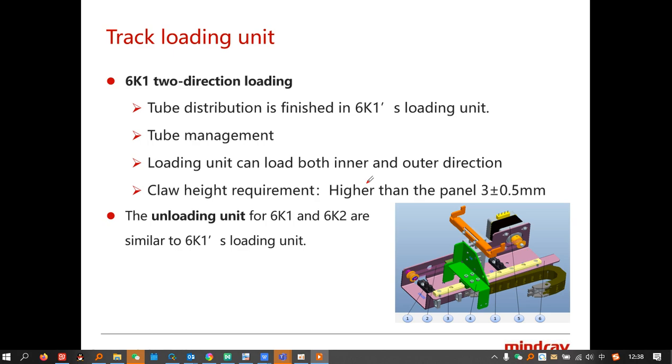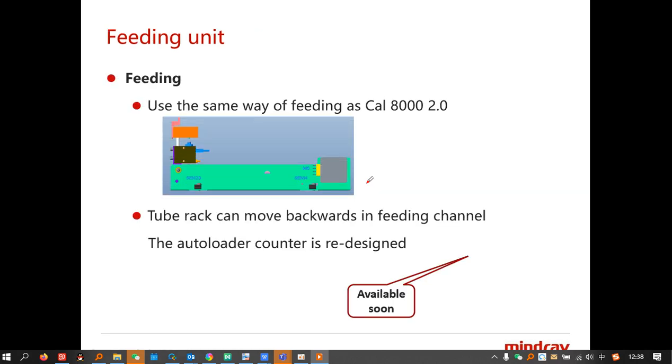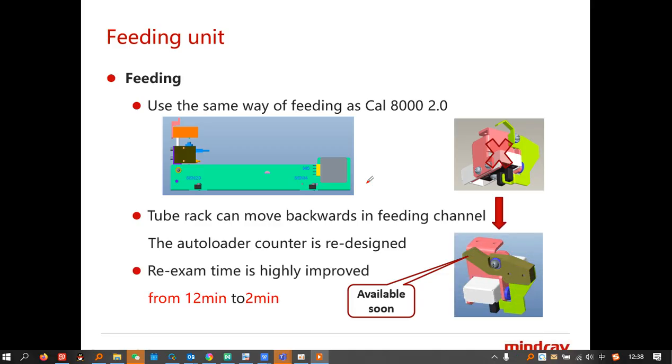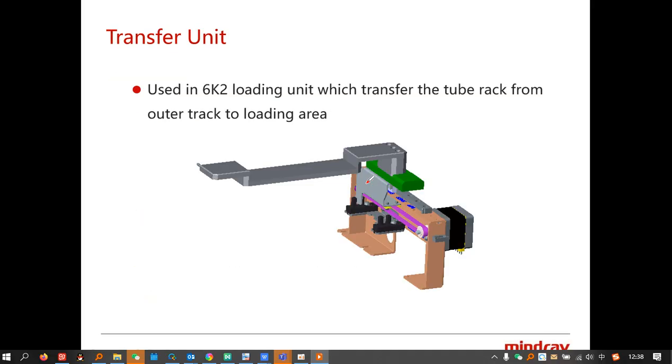The loading unit, fitting unit, and the unloading unit are similar to the KEL 8000, so I don't want to repeat. And the transfer unit, the motor drives this part to move inner and outer to stop the racks to wait for the SC120 autoloader to get ready.